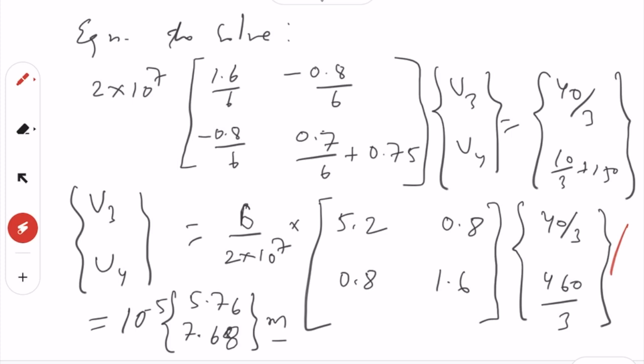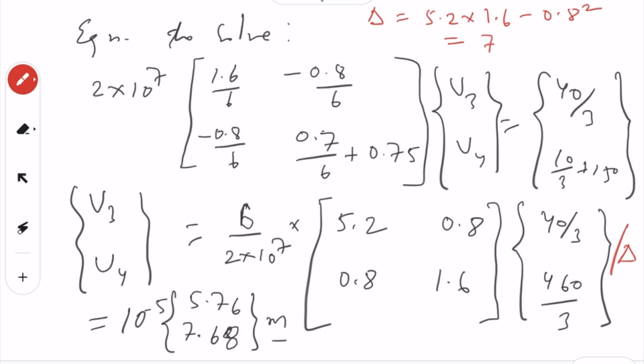Let's write the determinant as delta, where delta is equal to 5.2 multiplied by 1.6 minus 0.8 squared, and if you calculate, you will get 7.68.